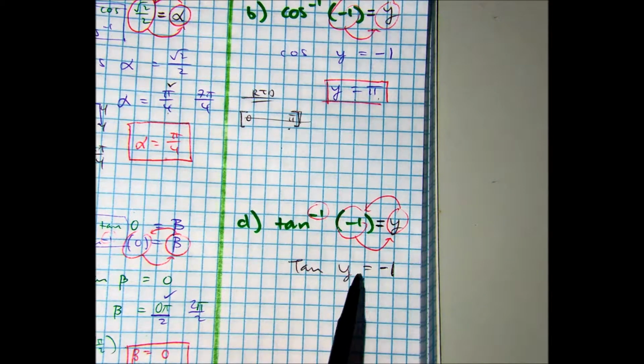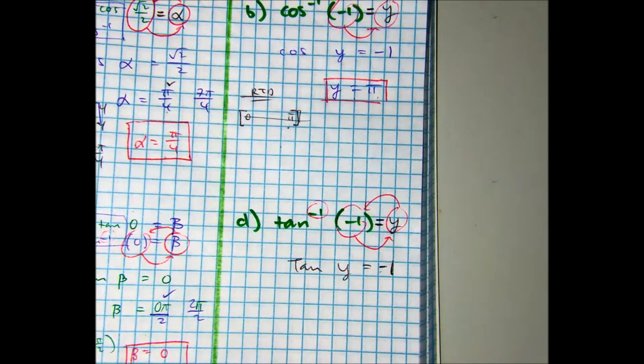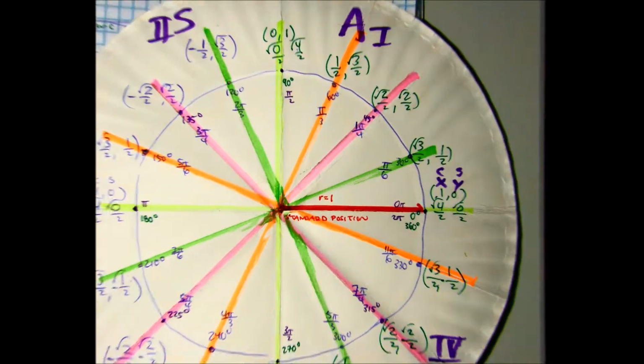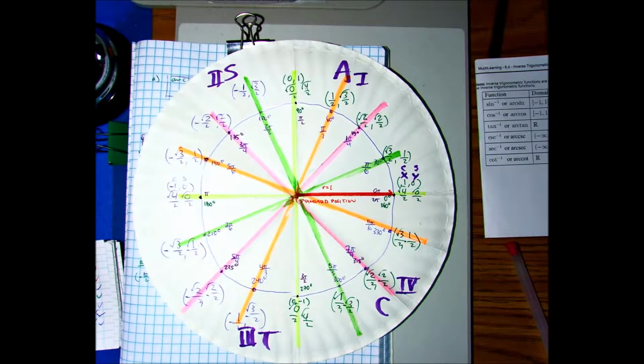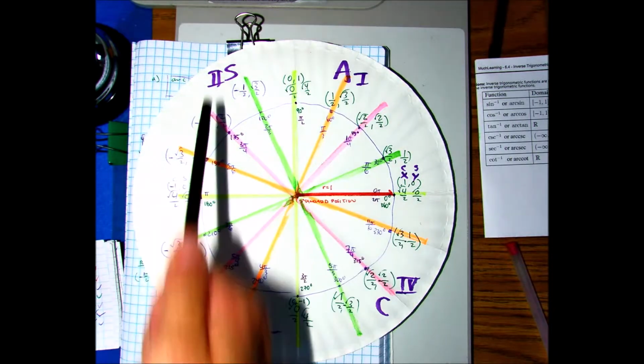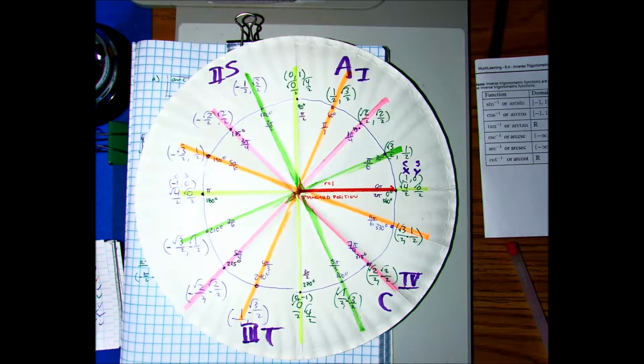So this one says negative, but listen to my question, Leslie. Where is tangent positive? We have this acronym that helps us, and it tells us where they're positive. Correct?